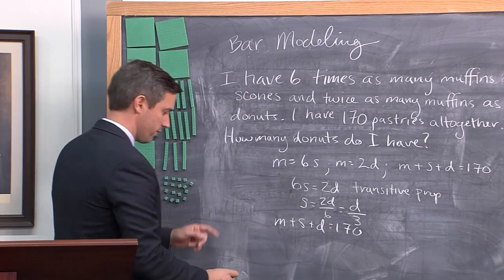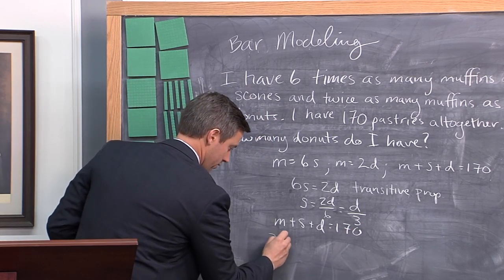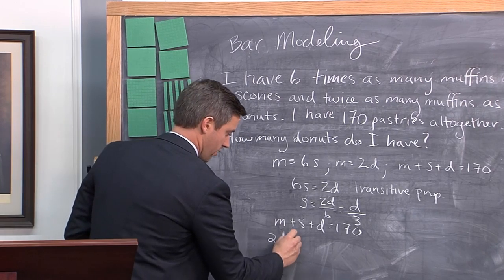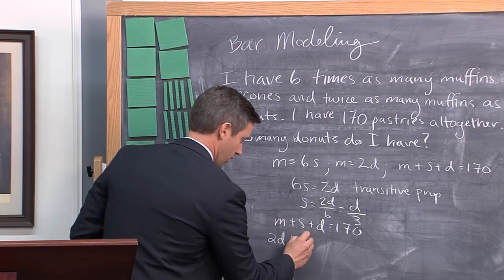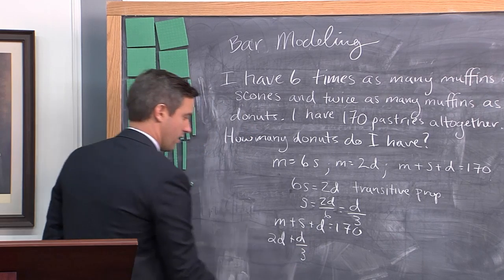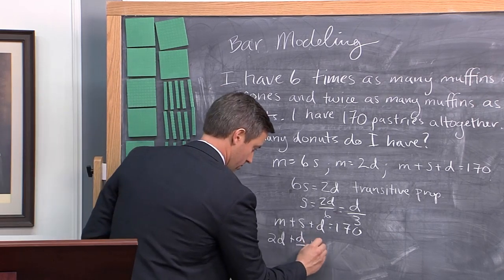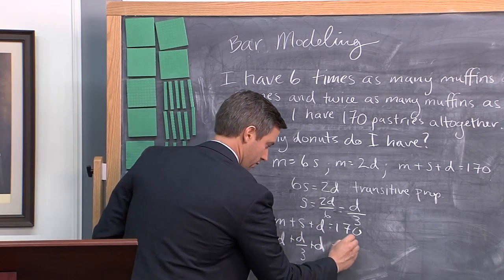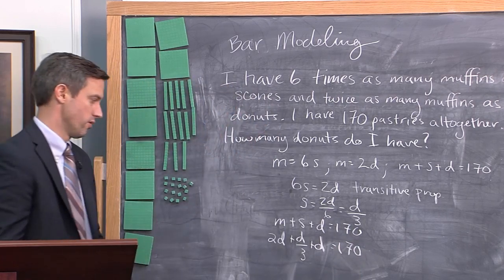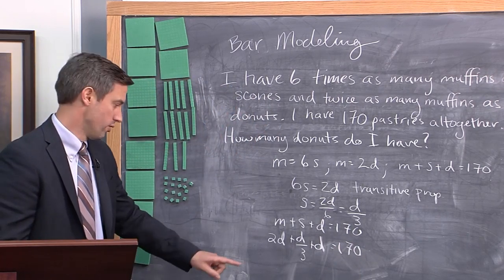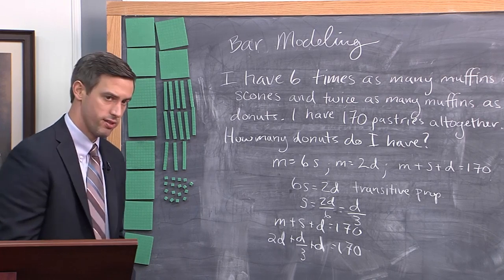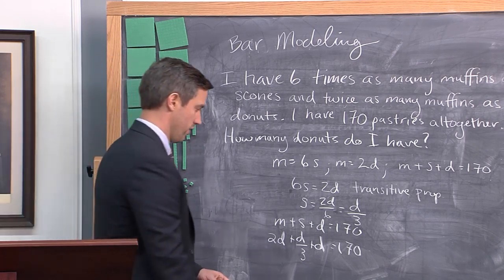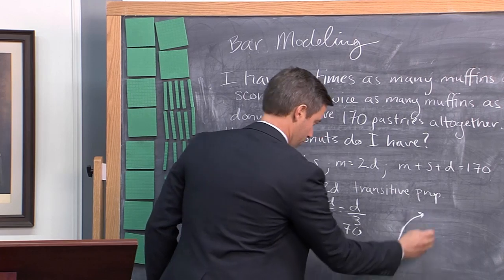I'm going to substitute. Muffins is the same thing as 2 times the donuts, plus scones is donuts divided by 3. And then we already have donuts in terms of itself. It's equal to 170. If you're familiar with math, you have to get a common denominator to add those up.